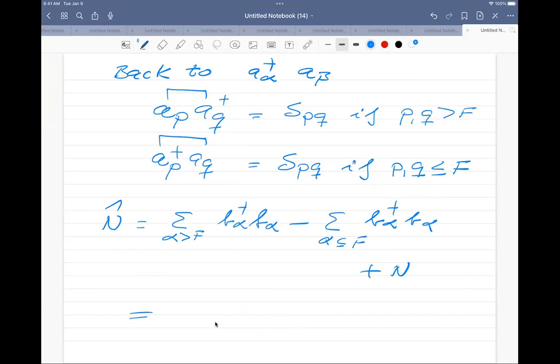Going back to the old operators, I will rewrite that as a sum over P. There's only one label here because I just have a single sum. And then I'm going to have this strange notation here, which I'm later going to take away.